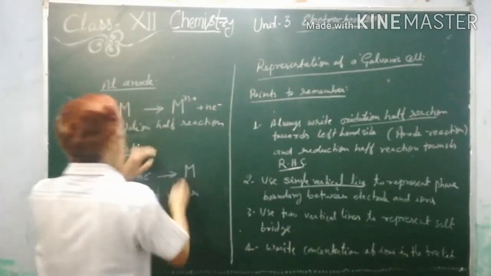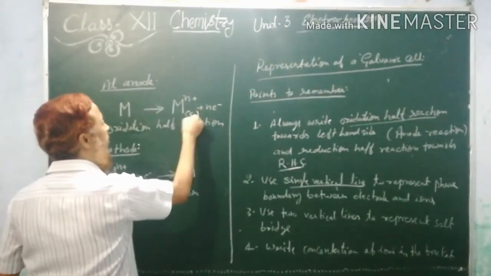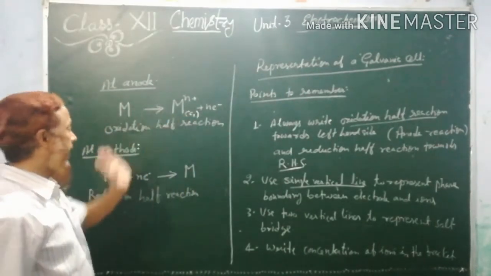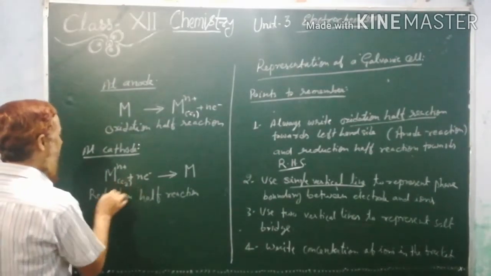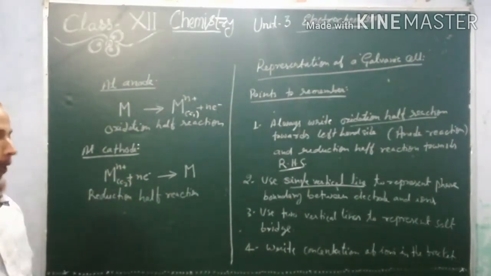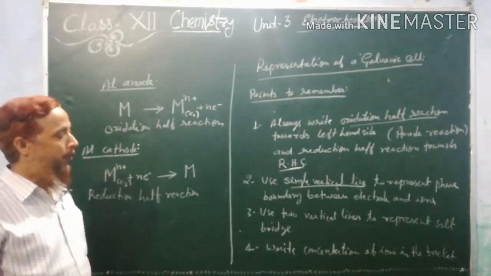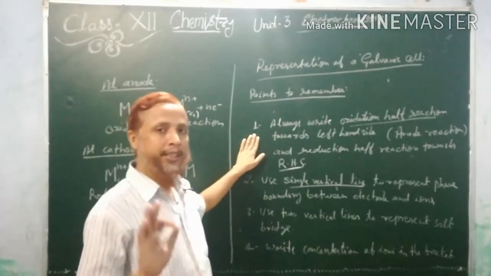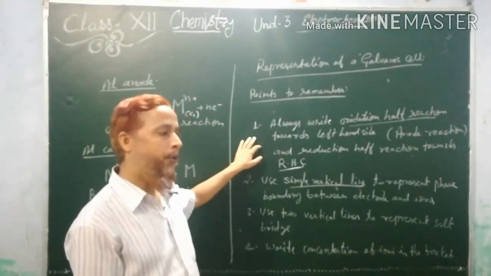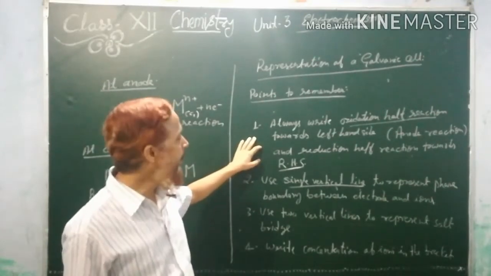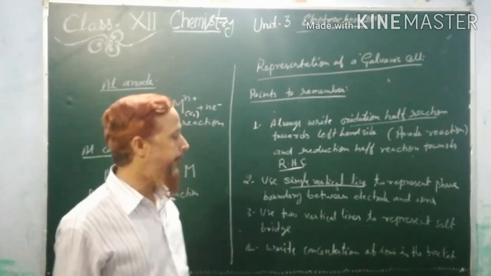Suppose here the concentration of these ions is C1, so that will be represented in brackets. And if here the concentration of ion is C2, then always this concentration will be represented in small brackets. So these are the points you will always keep in mind, and this is not a very big burden on you. After one or two practices, this will be clear for you. So those who want to write, pause the video and write it.